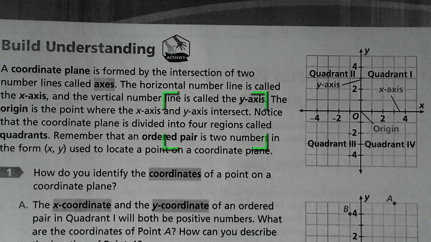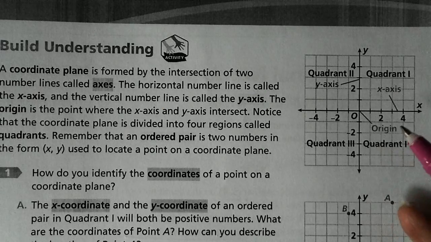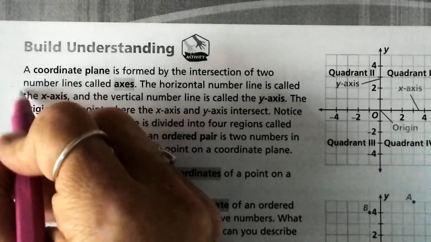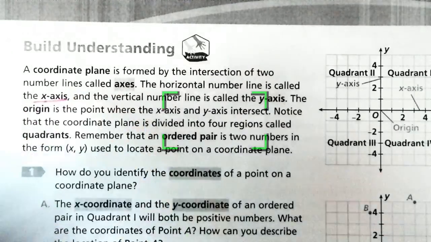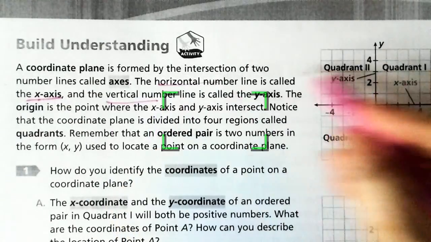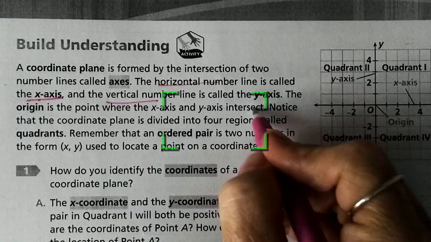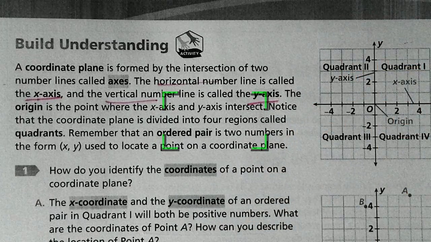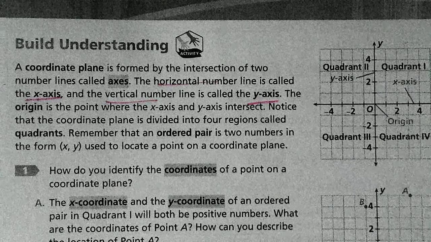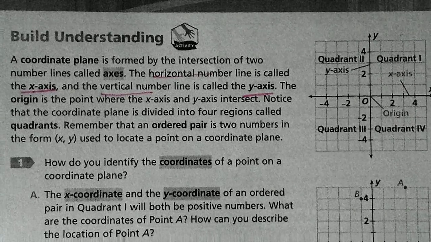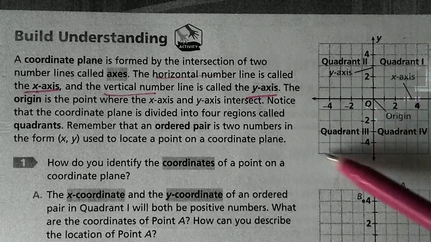So now let's look. When we talk about the coordinate plane, our horizontal line is considered the x-axis, and the vertical line is considered the y-axis. Okay? And the whole thing is called the coordinate plane. Then we also have what we call quadrants.